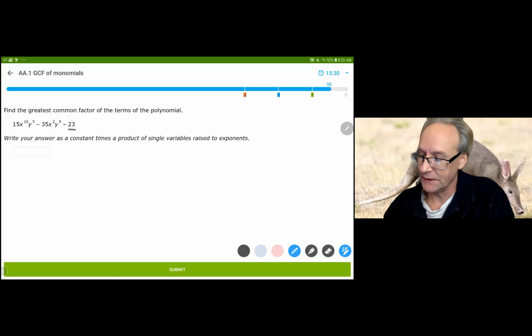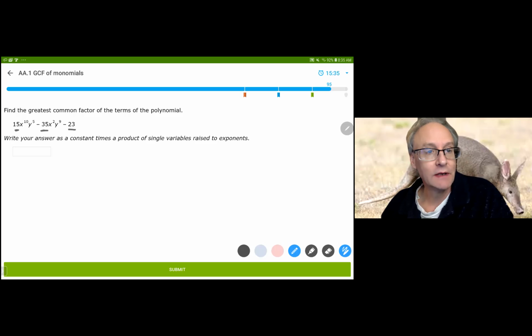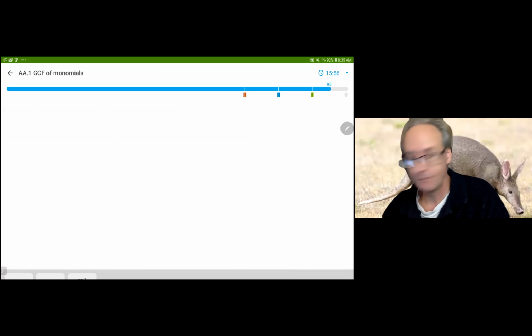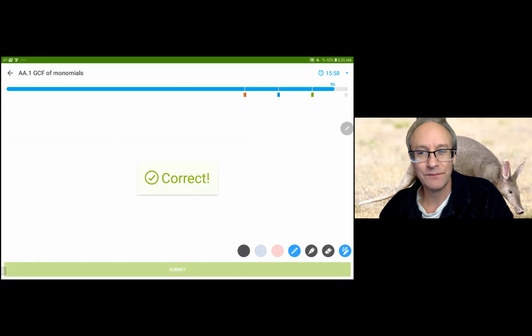So if these are any other number, like 15 and 35, we say that they're relatively prime, even though the 35 and the 15 aren't prime numbers, but we say that all three terms are relatively prime. There are no x's or y's in that last term, so the greatest common factor is 1. Nothing to take out.